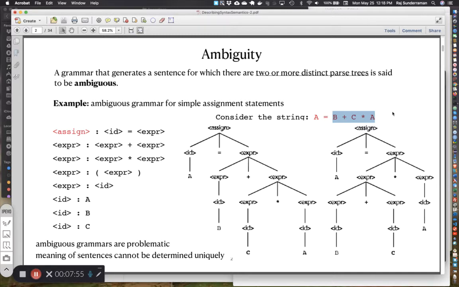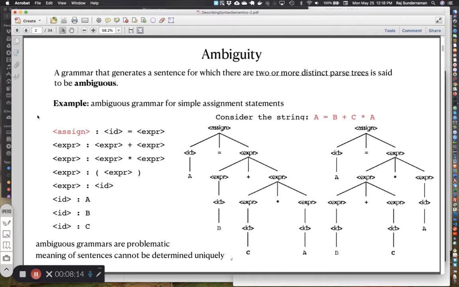Usually multiplication gets precedence over addition. But that's all for the human being. If you write a grammar and code it into a system, the compiler may have some issues with that, especially if it cannot understand which one you meant.